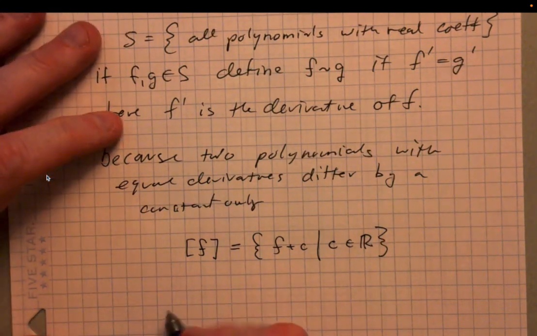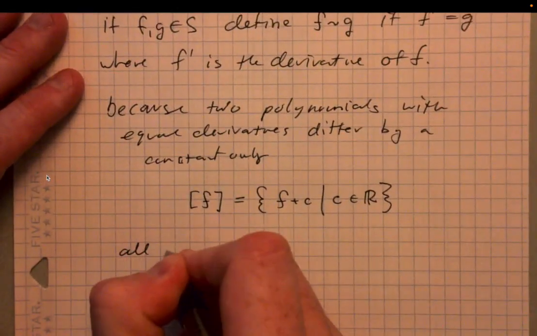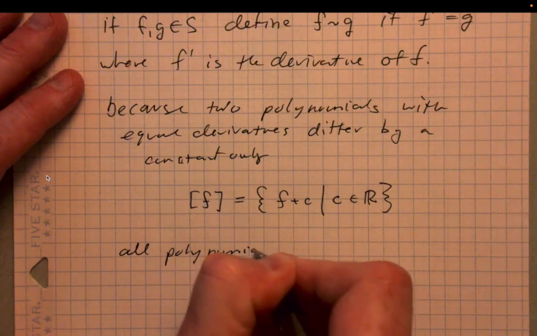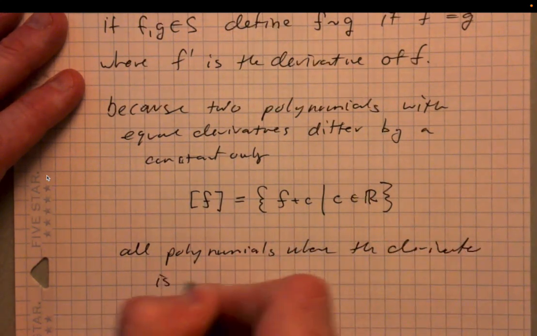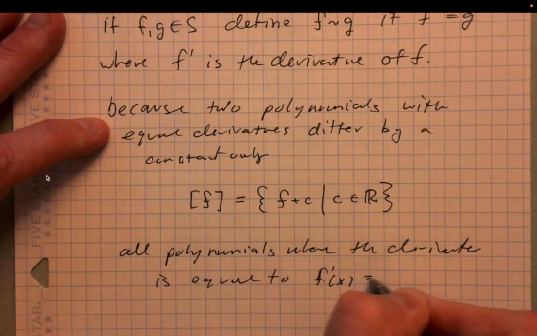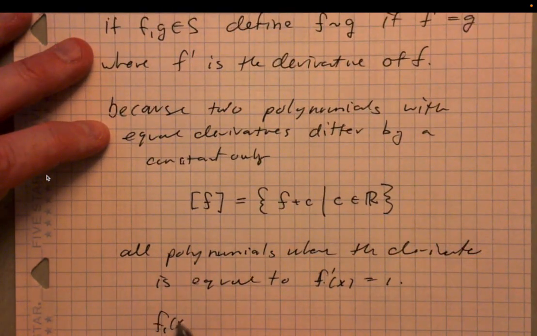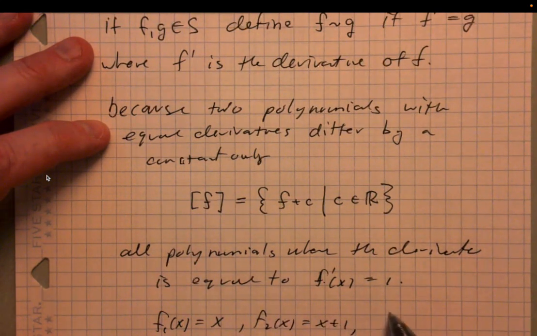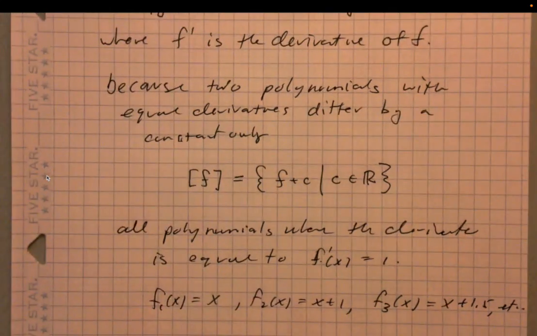Right, so an example would be all of the polynomials where the derivative is 1. Let's say f prime of x equals 1. That would be things like f1 of x equals x, f2 of x equals x plus 1, f3 of x equals x plus 1.5, etc. All of those polynomials are going to be in the same equivalence class.